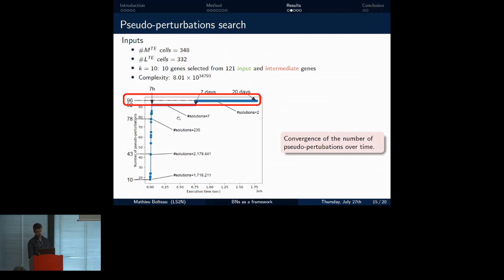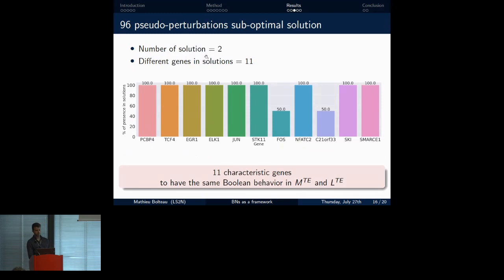If we focus more specifically on the best suboptimal solution containing 96 pseudo-perturbations, we can observe that we have two solutions. In other words, we have two possible subsets of k genes in order to obtain 96 pseudo-perturbations. If we look in more detail at this solution, we can observe 11 genes, and to conclude, we have 11 characteristic genes that have the same Boolean behavior in the two classes.